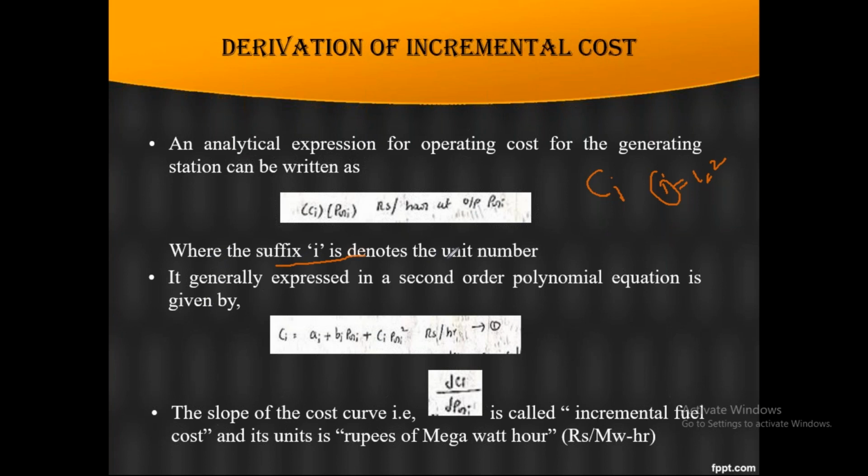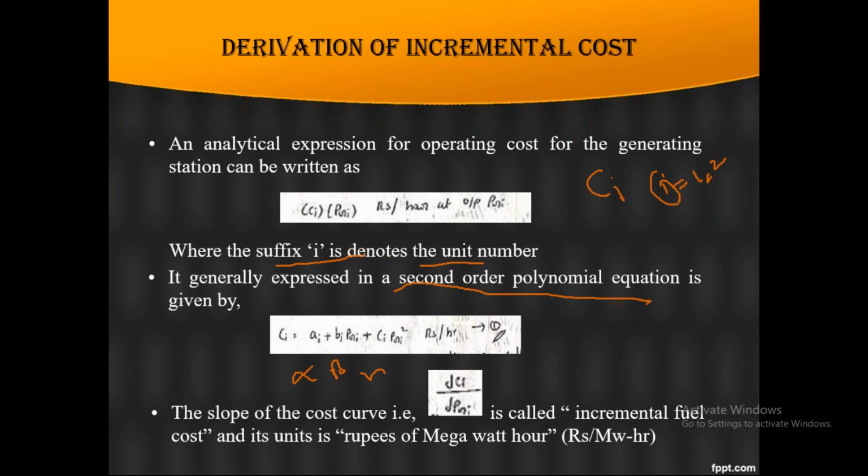The suffix i denotes the unit number. Generally, the cost is represented in the form of a second order polynomial equation, that is Ci equals ai plus bi Pgi plus ci Pgi square. Some authors represent the coefficients as alpha, beta and gamma. This is the quadratic cost equation for each unit.